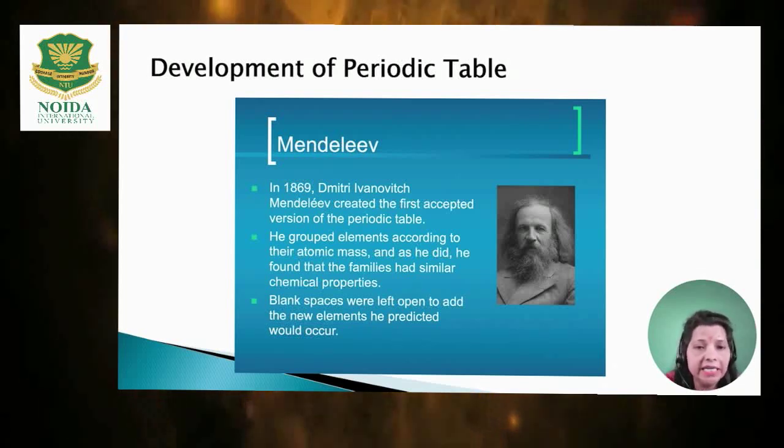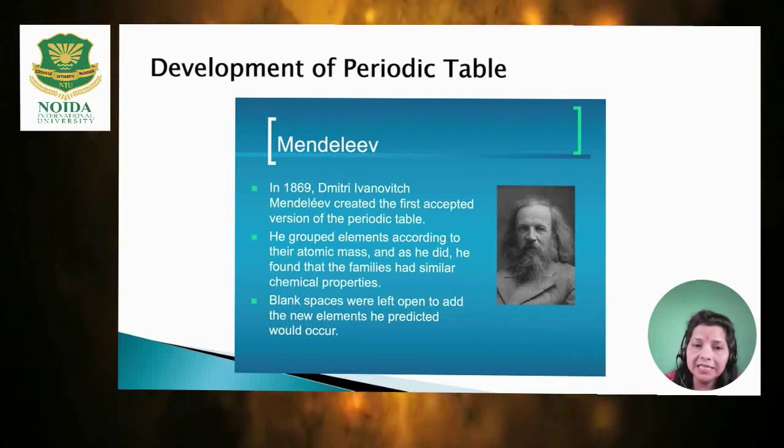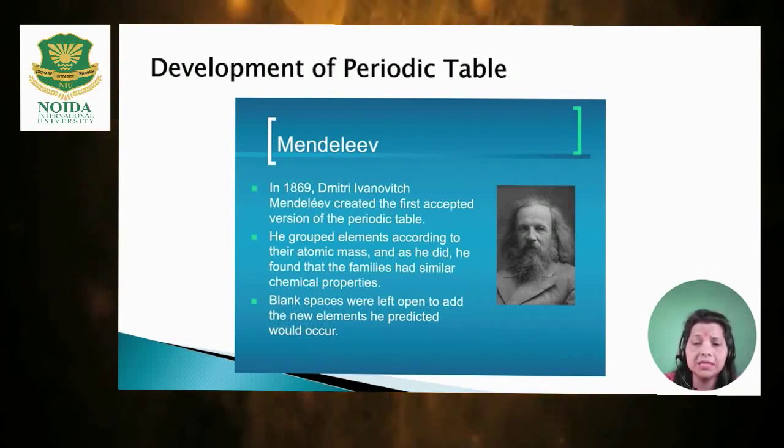So in 1869, Mendeleev gave his version of the periodic table, which was the first accepted version of the periodic table. He grouped elements according to their atomic masses, and as he did, he found some families had similar chemical properties.